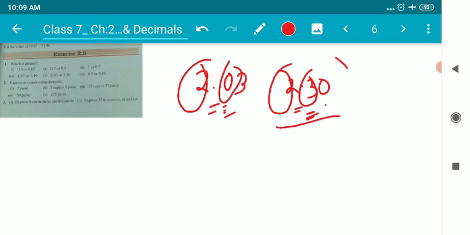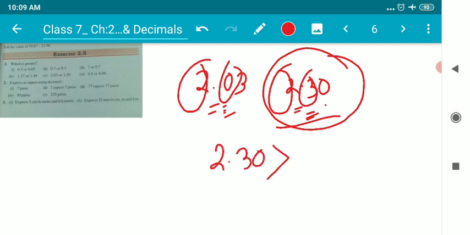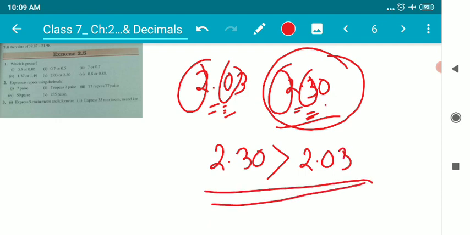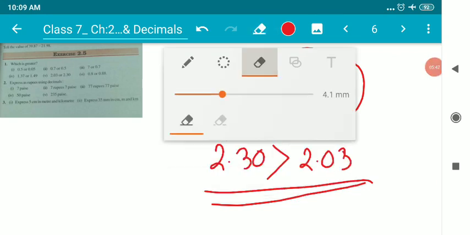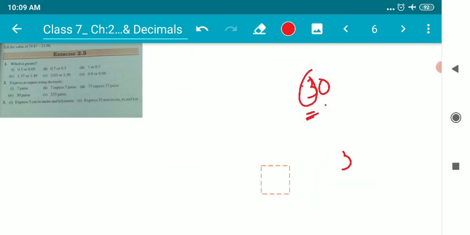So 2.30 is greater than 2.03. Okay, children, this is how we need to understand. All right. So I believe it's clear to everybody.